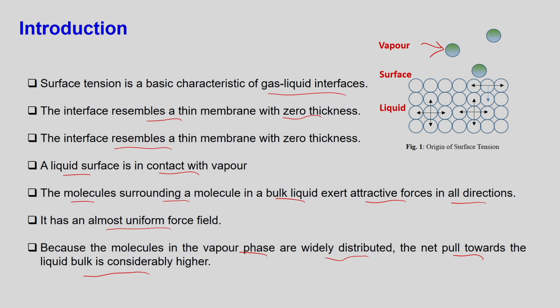They move randomly and have translational energy. Then you have the liquid phase. In the bulk liquid phase, the molecules have intermolecular interaction of the highest order. Take this particular molecule: it is attracted equally in all directions.